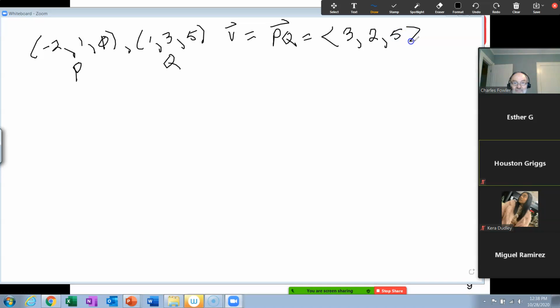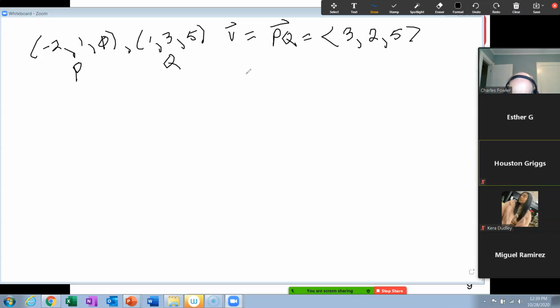So there is the vector v, or PQ, that goes between the first point P and the second point Q. That's the vector.